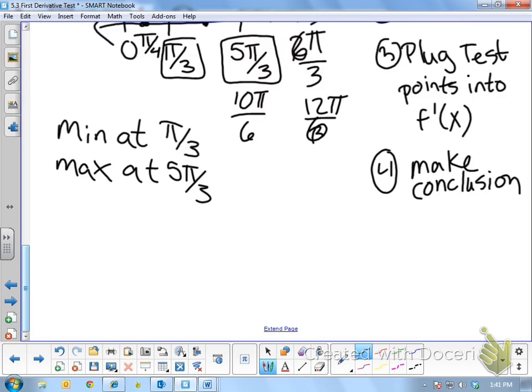If I know this is where the minimum occurs, what would we do with this to find what? Plug it into f of x. Min at pi over 3 is whatever f of pi over 3 is. Max at 5 pi over 3 is whatever we would get when we plug in 5 pi over 3.